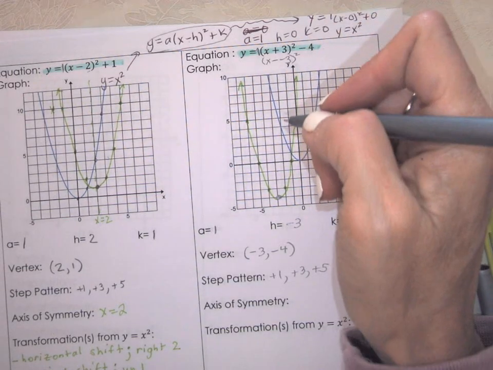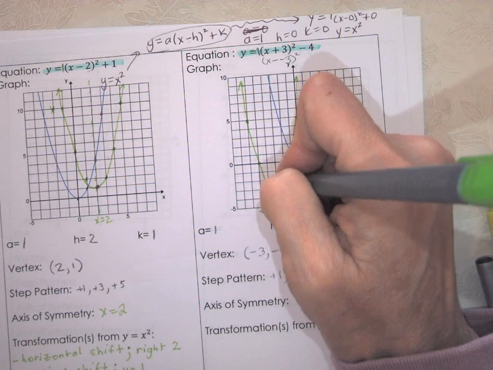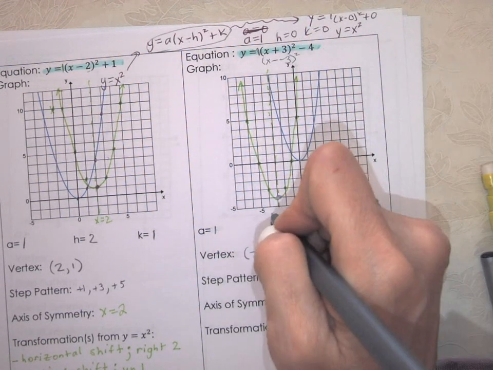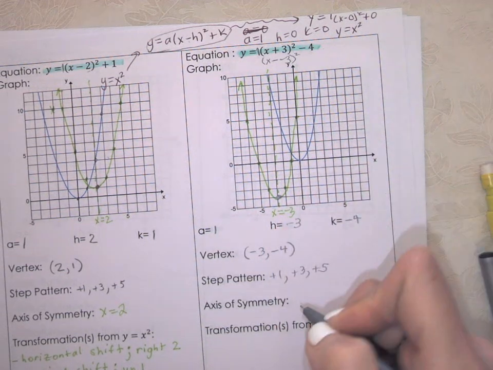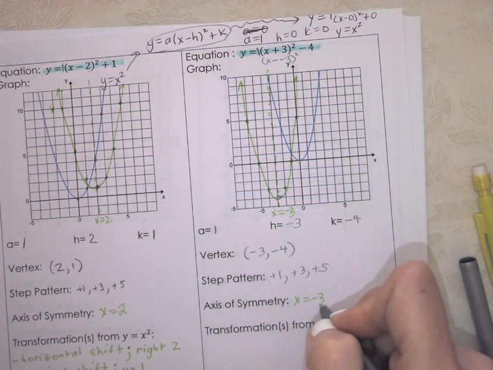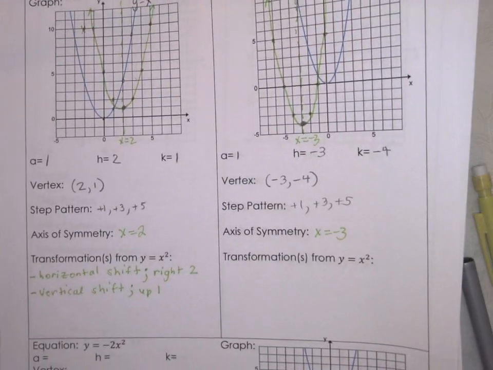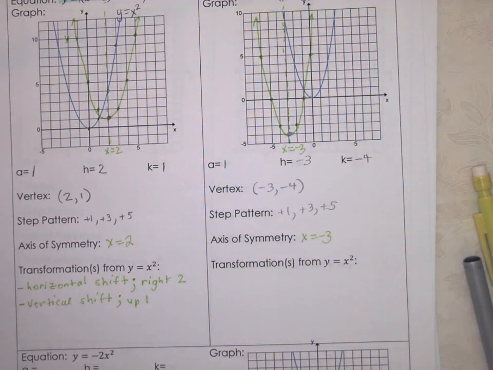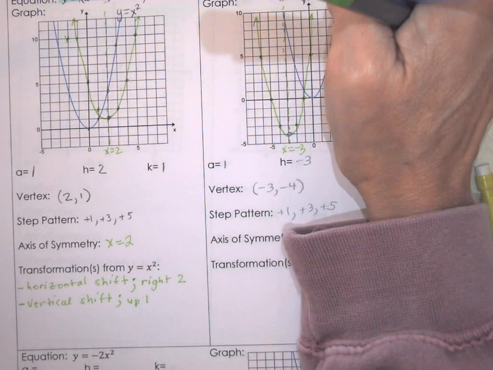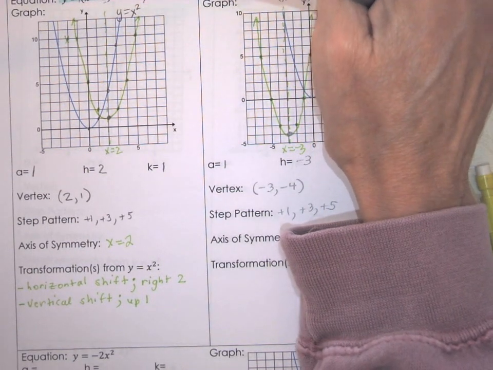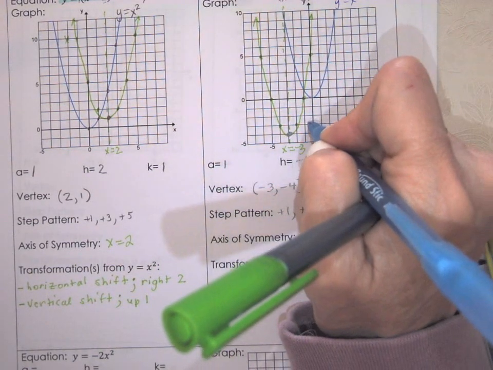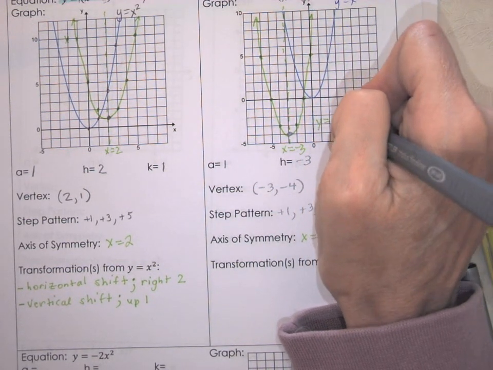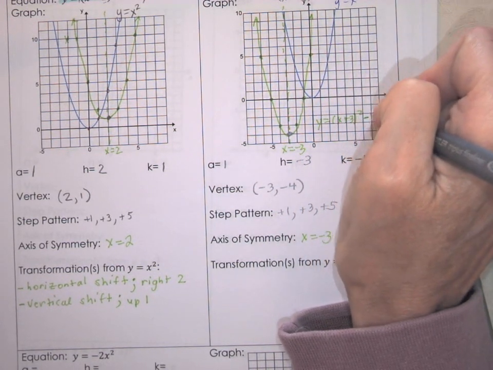And our axis of symmetry always goes through the vertex. It's a vertical line, our mirror line. In this case, it would be x equals -3. And then our transformations discuss how our new parabola is different from the original one, y equals x squared. So this one's y equals x squared, and this green one is y equals (x plus 3) squared minus 4.